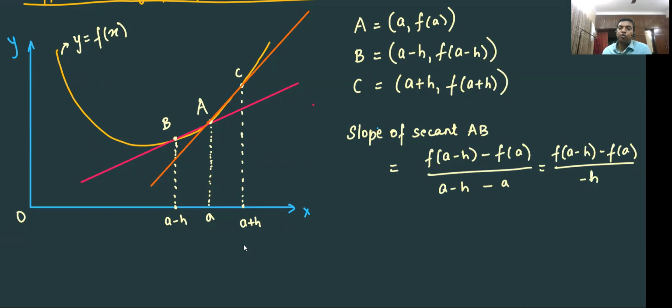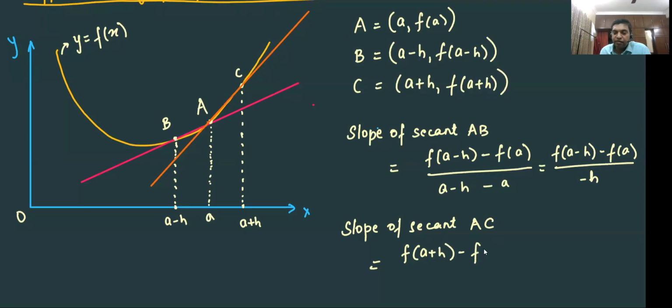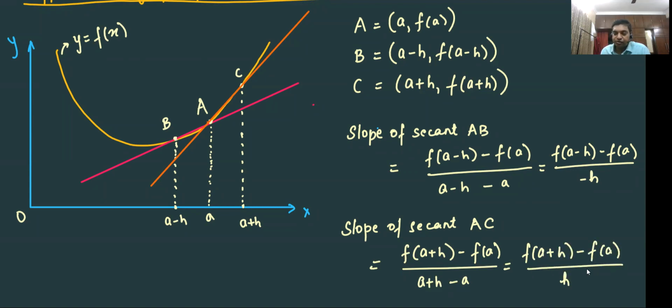This is the slope of the secant AB. What is the slope of secant AC? You get f of a plus h minus f of a by a plus h minus a, so f of a plus h minus f of a upon h.